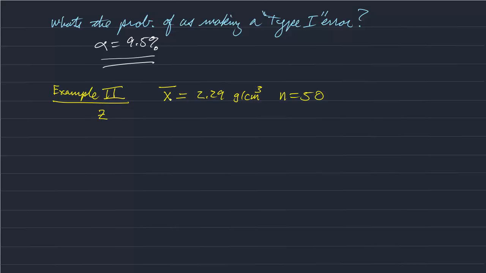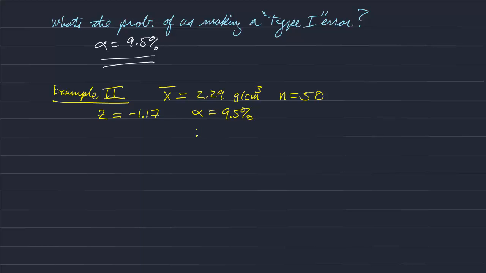So with that new value of x bar and the same parameters of our test population, we calculate a new z value of minus 1.17, and again we have alpha equal to 9.5%.